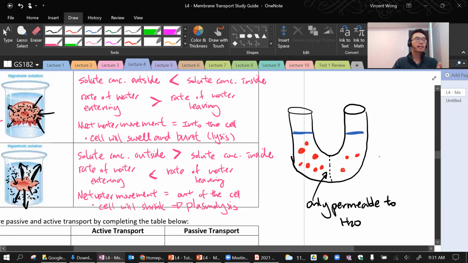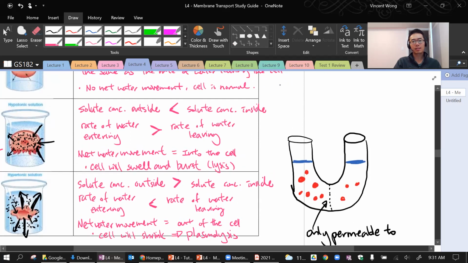If you let it sit, what's going to happen to the water level on each side? So let's think about it. A, no change. B, left side drops and right side rises.